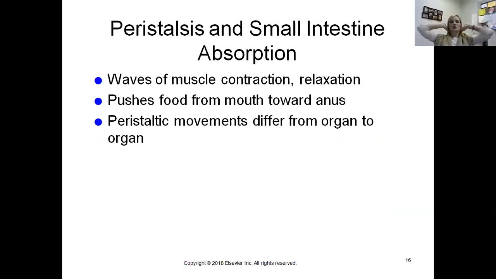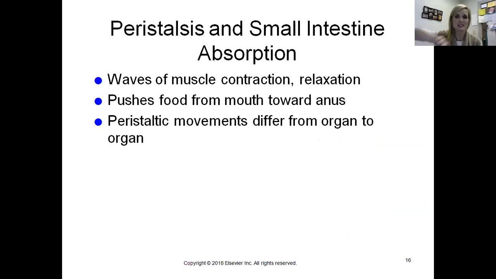So waves of muscle contraction are still going to continue to take place here. Again, that's what peristalsis is: waves of muscle contraction and relaxation all along that pathway, slowly pushing that forward. If you remember looking at that overview of the digestive tract, the small intestines weren't just a straight line.